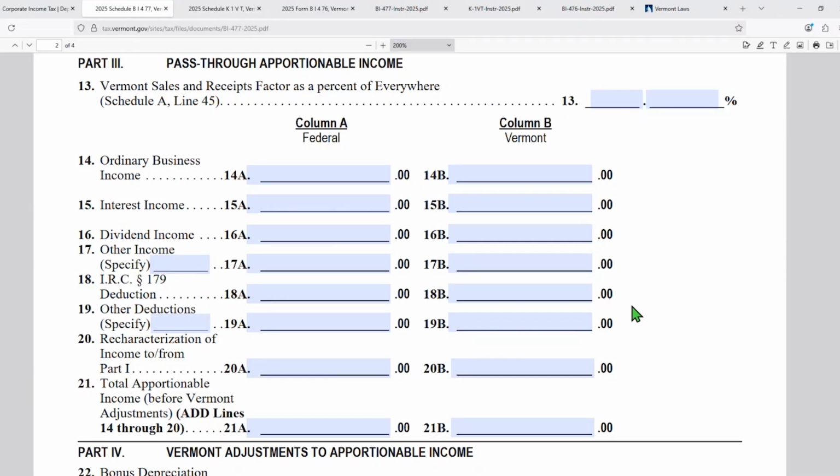Those amounts are going to be backed out when you do the multiplication on line 20A. So when you follow the math through, and you have all of the additions to part 3 and all of the subtractions from part 3, and you multiply whatever's on 20A by the apportionment factor, it'll give you the adjustment that you need on 20B.